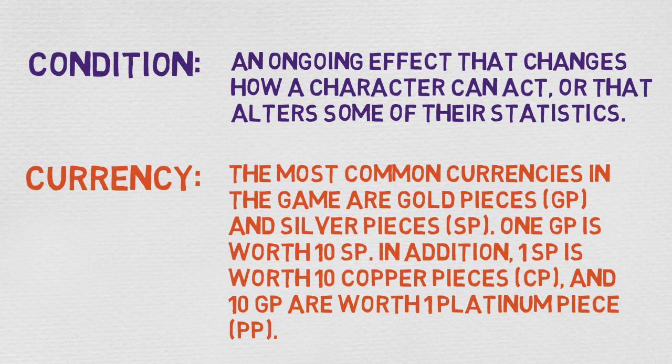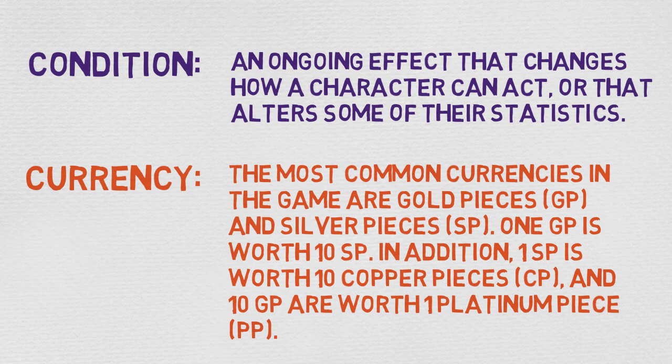The next point is currency, and I'm assuming that literally everyone on the planet should be aware of what a currency is, but you might not be aware of the exact exchange rates. So, the most common currencies in the game are gold pieces, or GP, and silver pieces, or SP. 1 GP is worth 10 SP, so a 1 to 10 conversion, and 1 SP is worth 10 CP, or copper pieces, so 1 to 10 conversion.